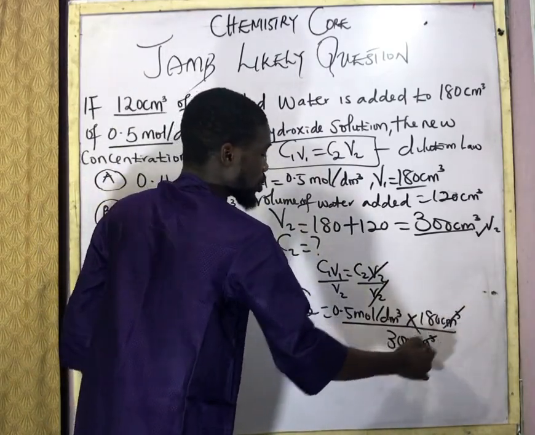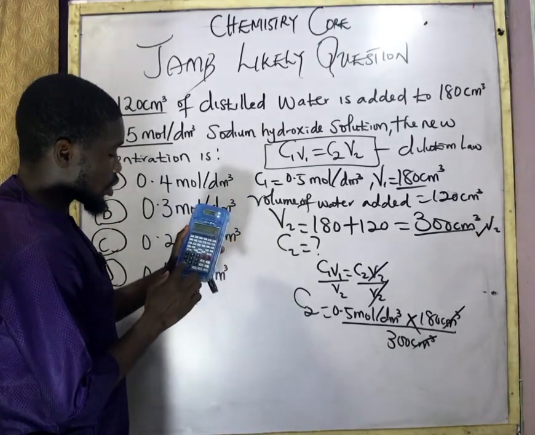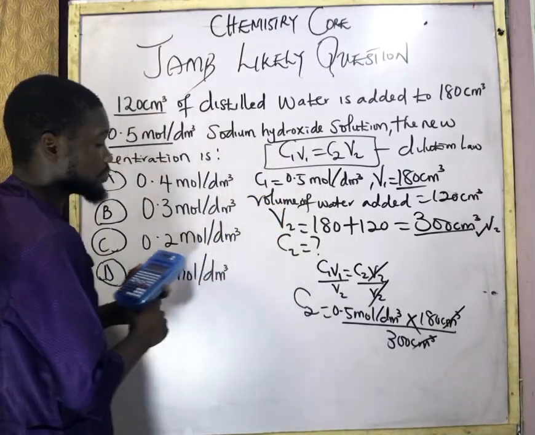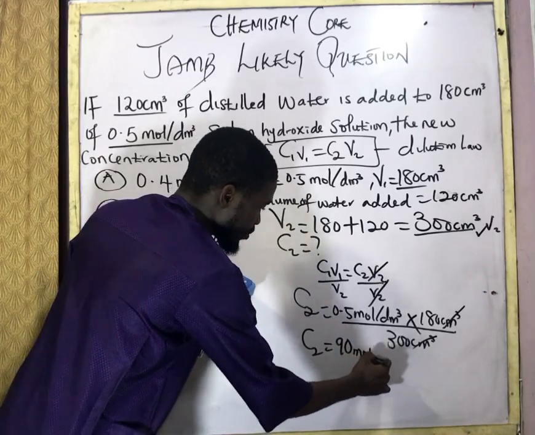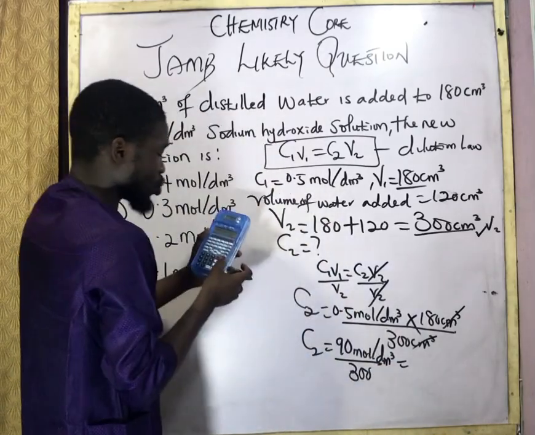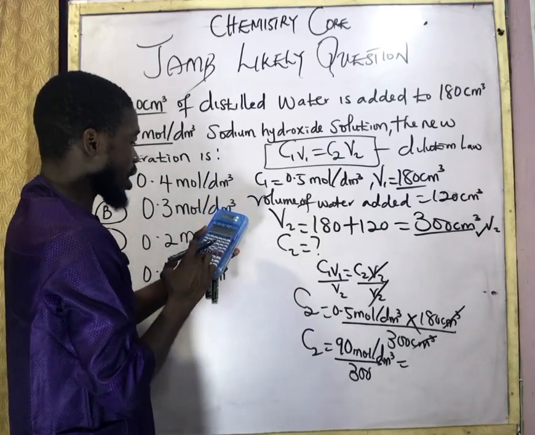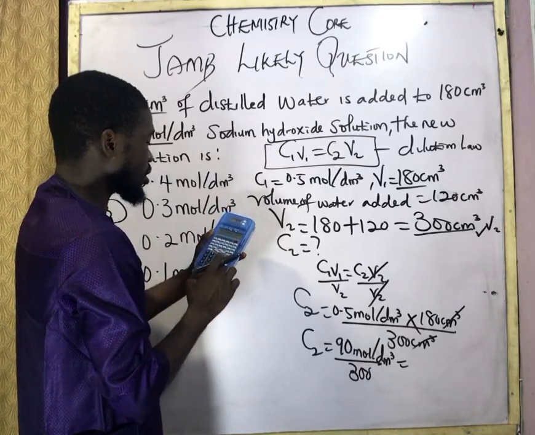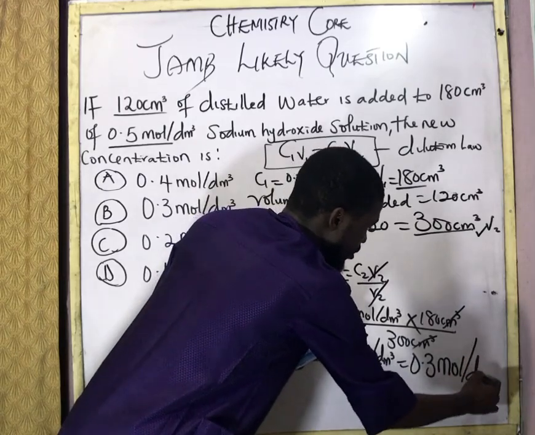The cm³ will cancel cm³. Now, 0.5 times 180, we have C2 is equal to 90 mol/dm³ divided by 300, and that will give us what, guys? 0.5 times 180 divided by 300, we have 0.3 mol/dm³.